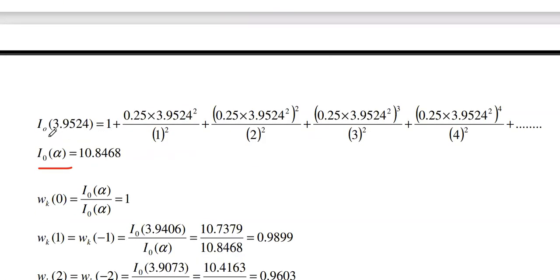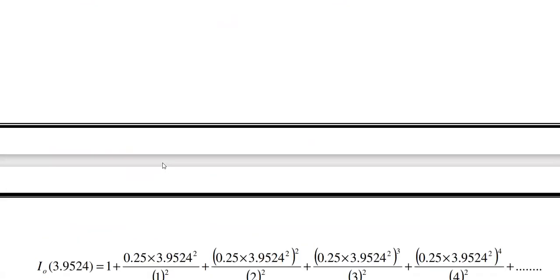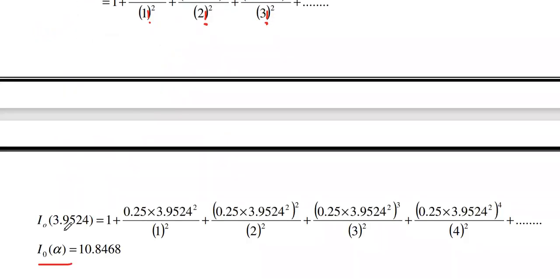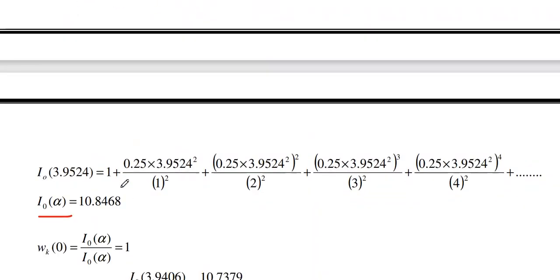So I naught of 3.9524 is calculated by substituting it in the place of x, where x is the variable. You just substitute and make the calculation, up to 7 terms. So the answer is 10.8468. So I naught of alpha equal to 10.8468.